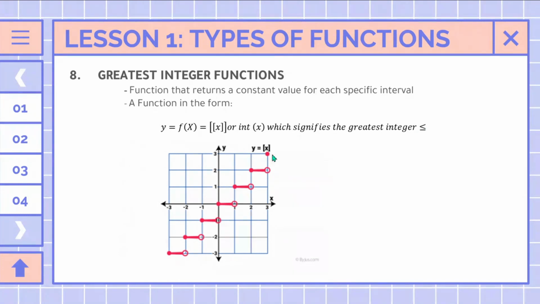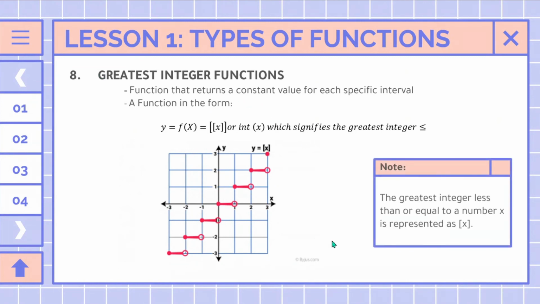Kung mapapansin niyo, para siyang may pattern, di ba? Once na ganyan siya, tawag diyan is the greatest integer function. So, note is the greatest integer less than or equal to a number x is represented as bracket x.